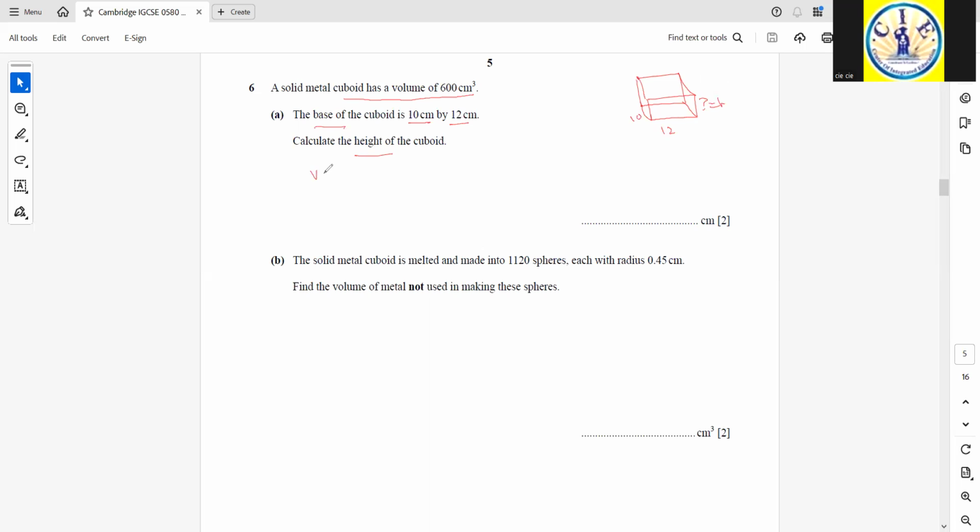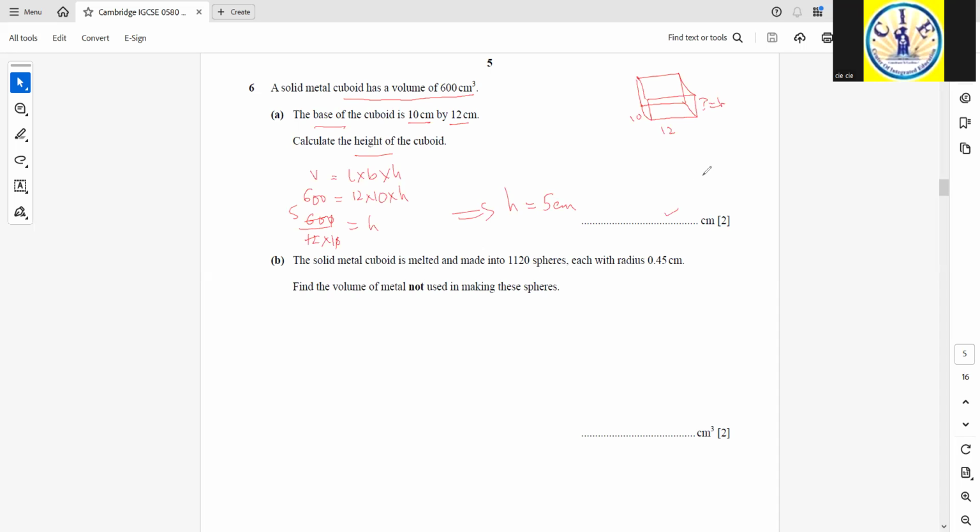So we know that the volume of a cuboid is length times breadth times height. Replacing the values, 600 equals 12 times 10 times height. So this is going to be 600 divided by 12 times 10, and that yields the height to be 5 centimeters. Okay.